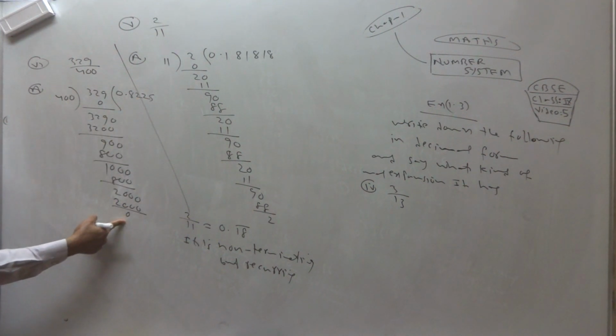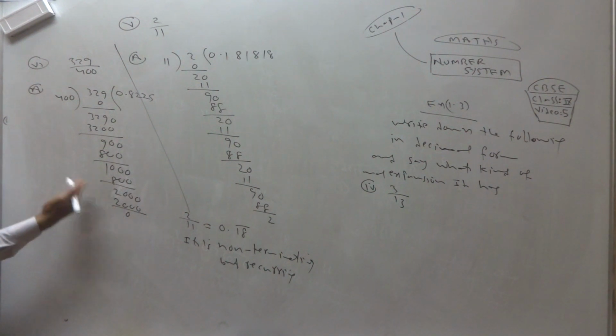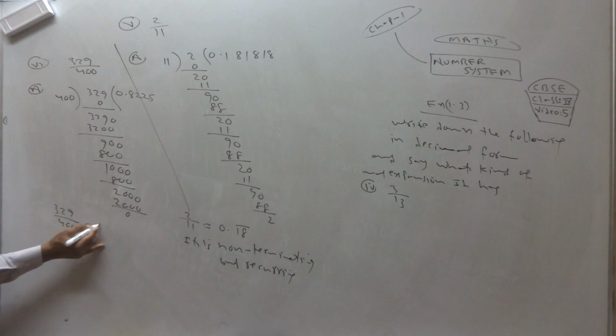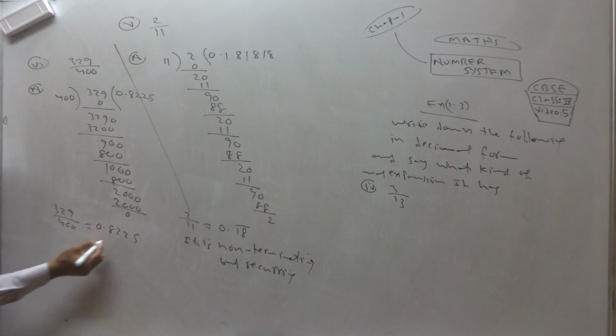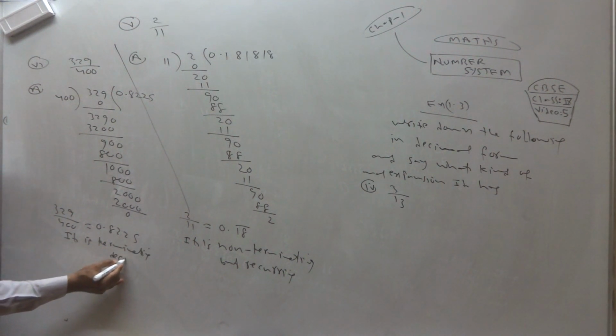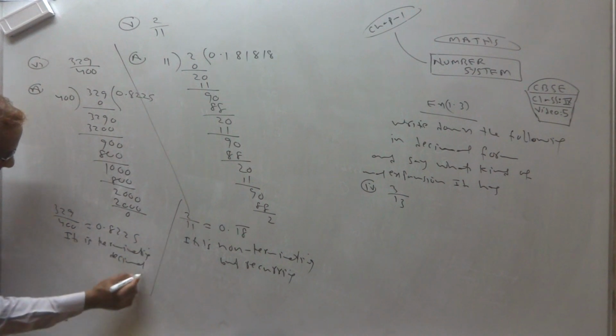Finished. So it is 0. When you are getting 0, it is a terminating decimal. So what is 329 by 400? 0.8225. It is terminating decimal. Finished.